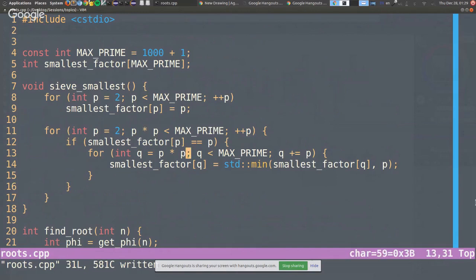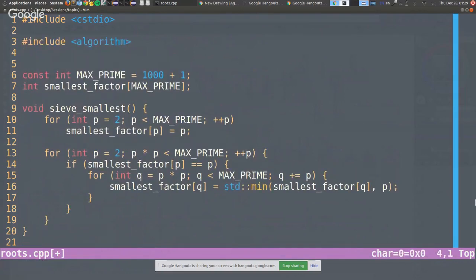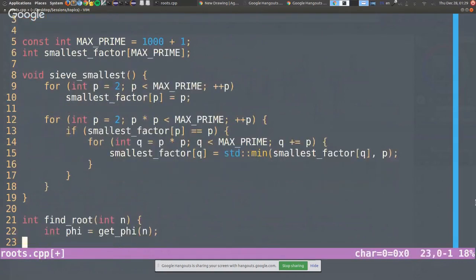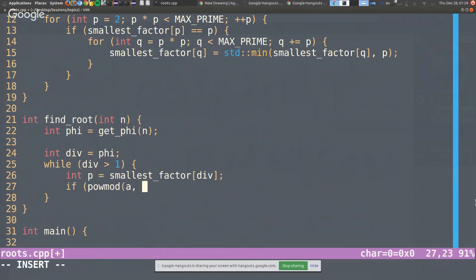Here we get the smallest factor, so here we have some prime divisor of phi(n). And here we'll try a to the power of phi(n) over p, mod n.